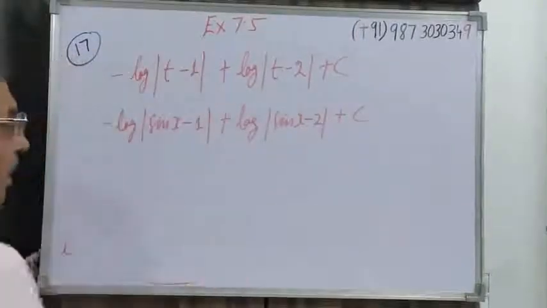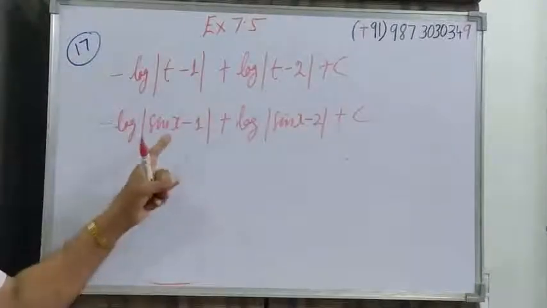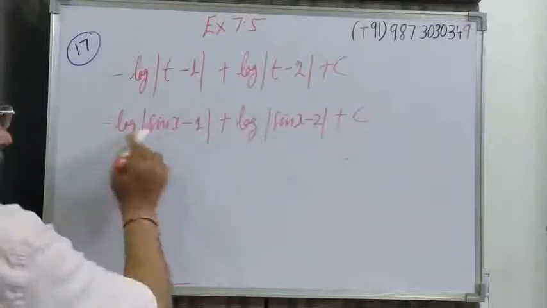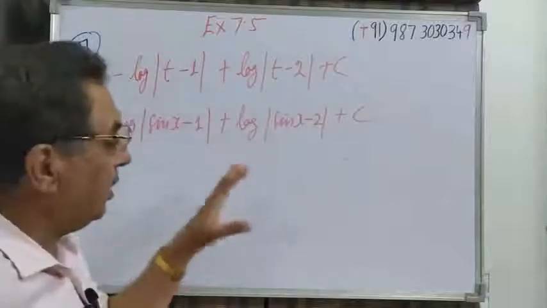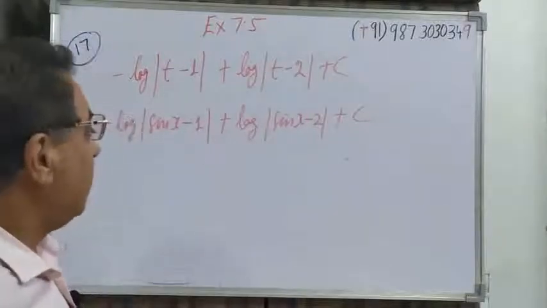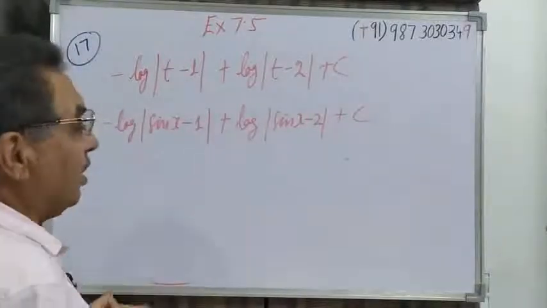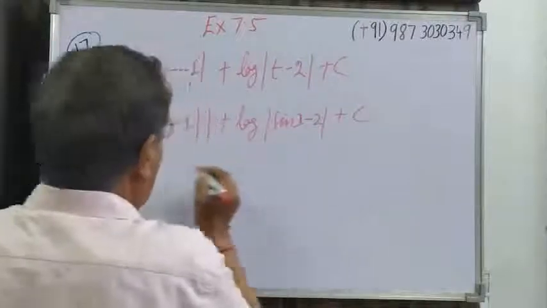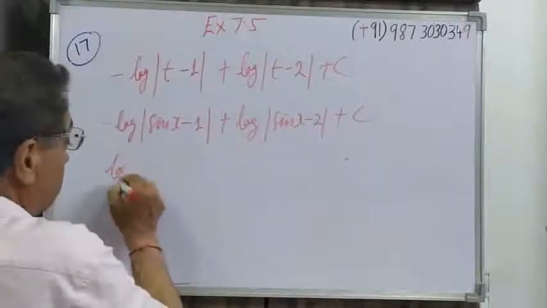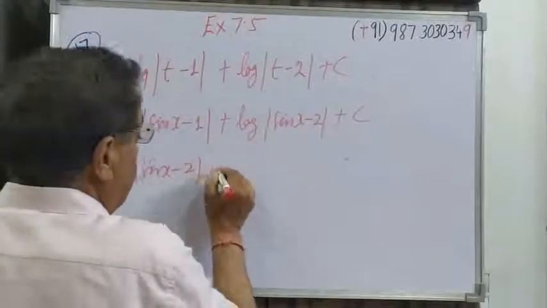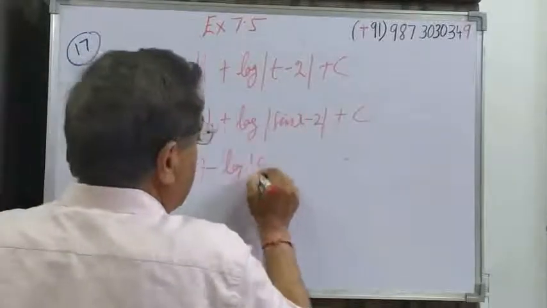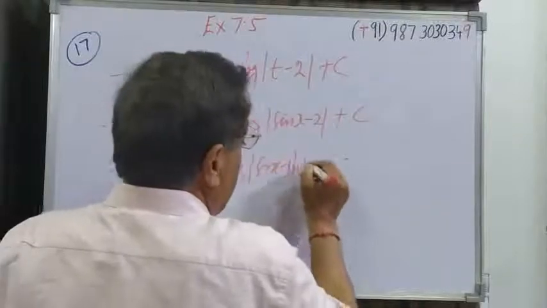This answer can be written another way also, by taking out the common factor, etc. But this is the correct answer, and you should write it this way. For further simplification, it is log of (sin x - 2) minus log of (sin x - 1) plus c.